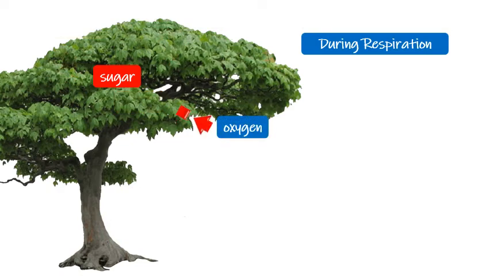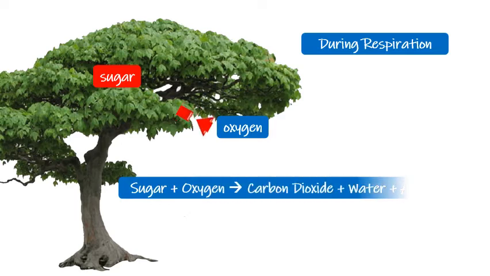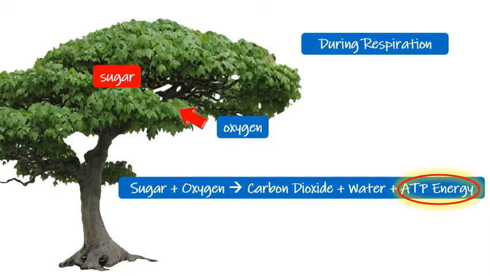It takes in oxygen through stomata. It mixes the sugar with the oxygen to produce carbon dioxide, water, and ATP energy needed for the plant's growth and development. So the plant will use this ATP energy to grow taller maybe, to make fruits, to grow flowers, to make new leaves. So this is the energy that will let the plant grow.